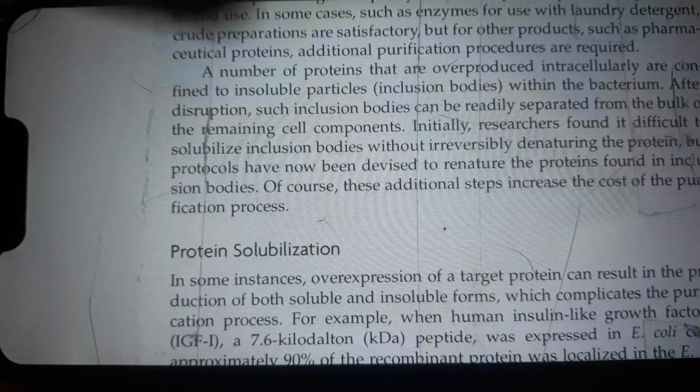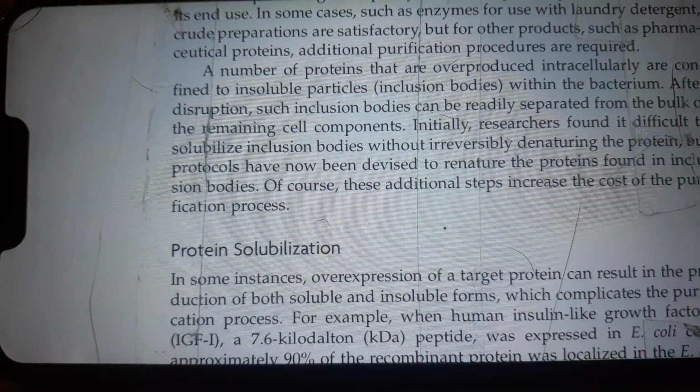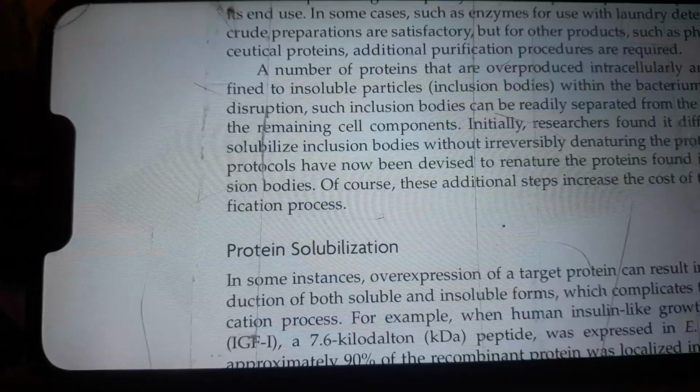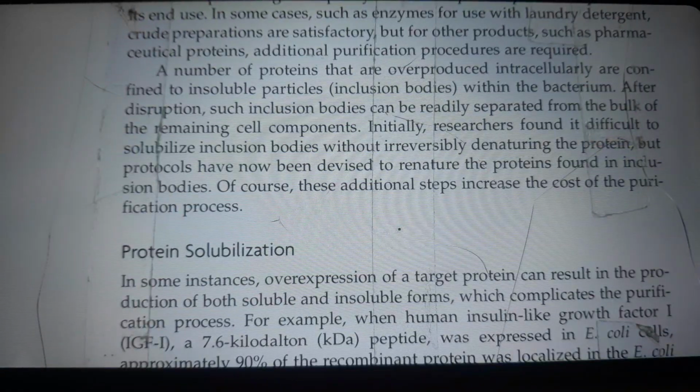A number of proteins that are overproduced intracellularly are confined to insoluble particles, inclusion bodies, within the bacterium. After disruption, such inclusion bodies can be readily separated from the bulk of the remaining cell components.